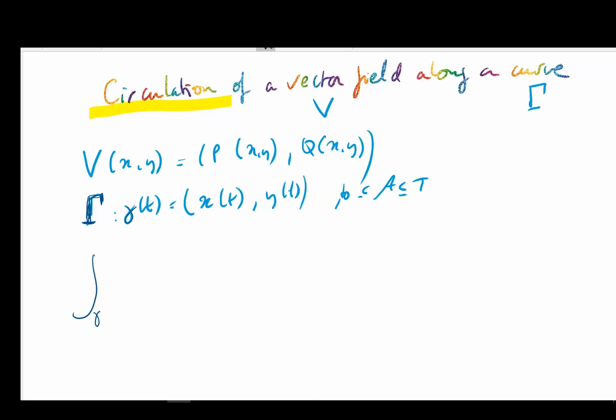Anyway, so what we're going to do is this thing, P dx plus Q dy. These are the usual notations that are used to denote what is called the circulation of a vector field along a curve.